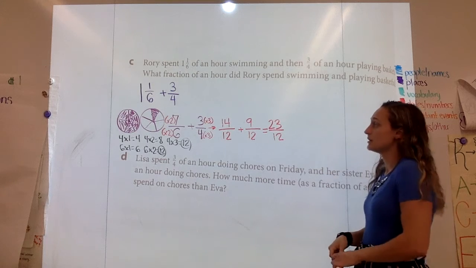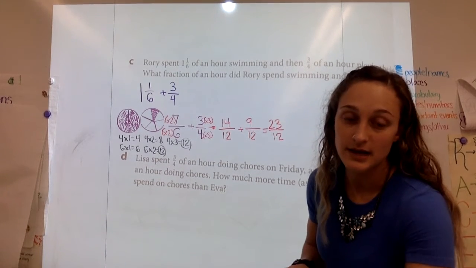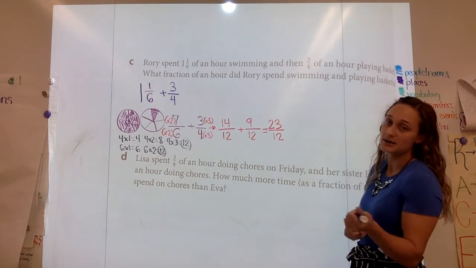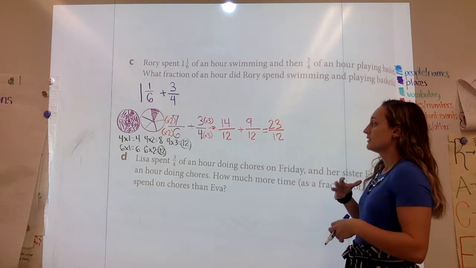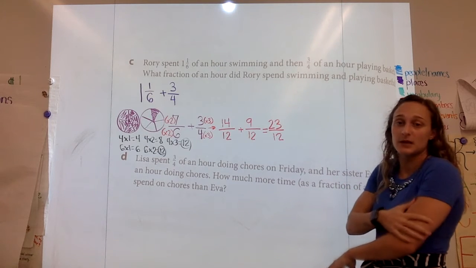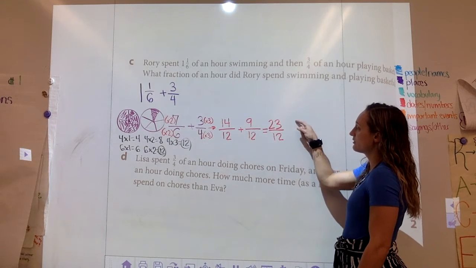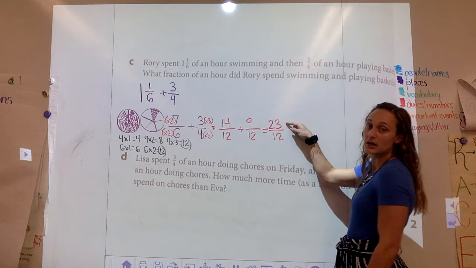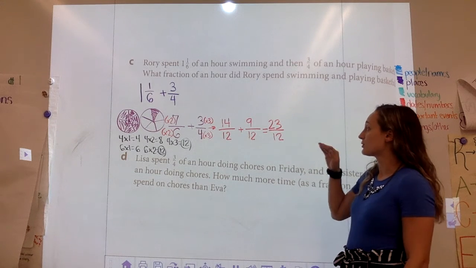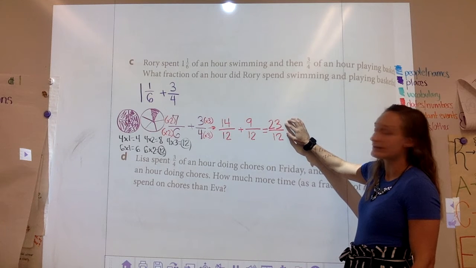Now, you know, and I know, that this now needs to be written as a mixed number. So, when I'm figuring out my mixed number, the first thing I'm going to ask myself is how many times does 12 go into 23? I know 12 times 2 is 24, but I don't have 24 pieces, so this won't be 2 wholes.